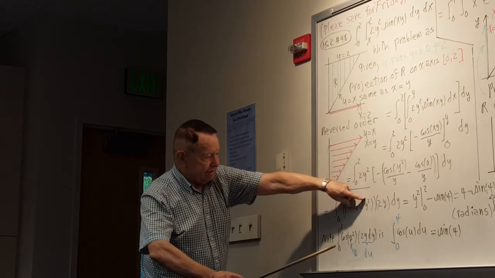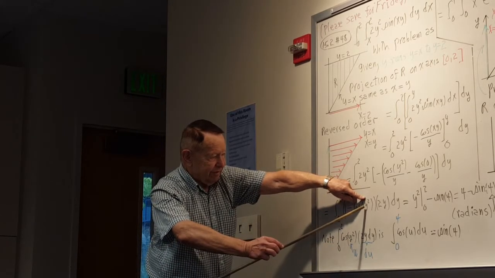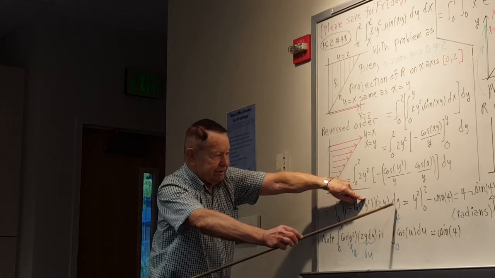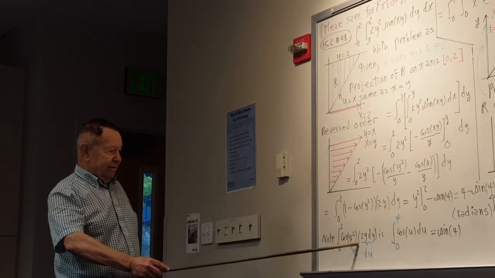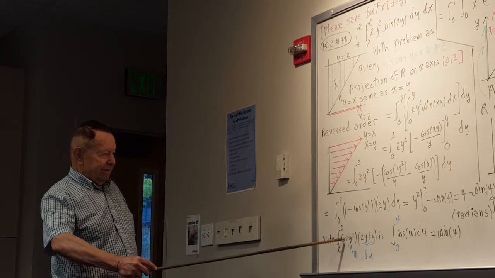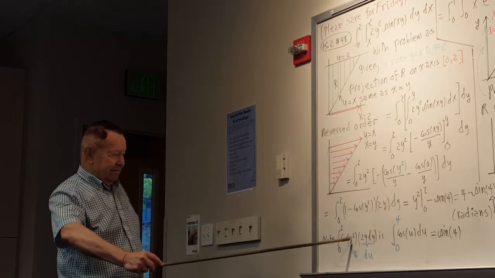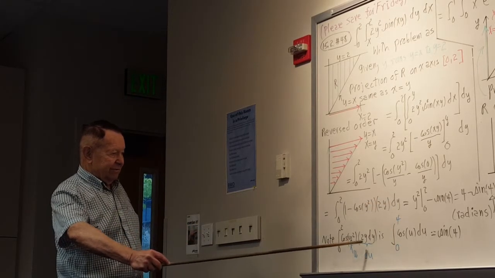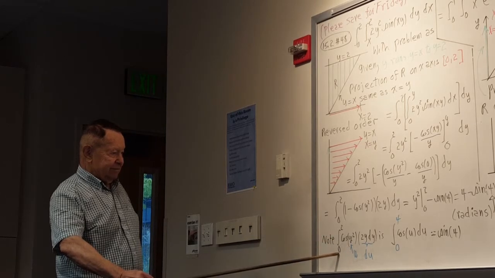So now you're set up to where you can use a u substitution. If u is y squared, this is your du. So I'm going from here down to here and noting that with the cosine y squared 2y dy, I have cosine u du, and then I change my limits.